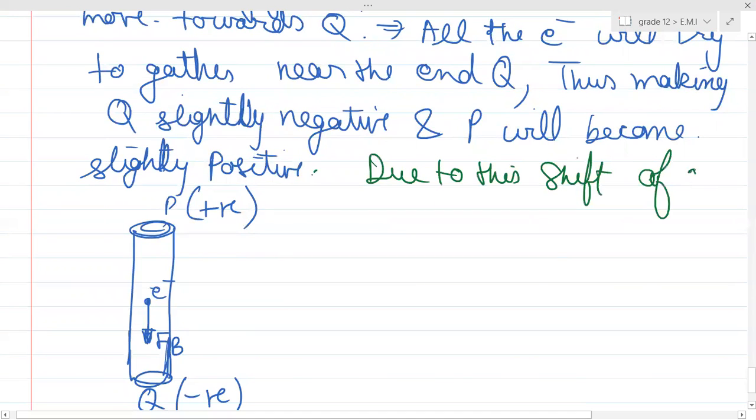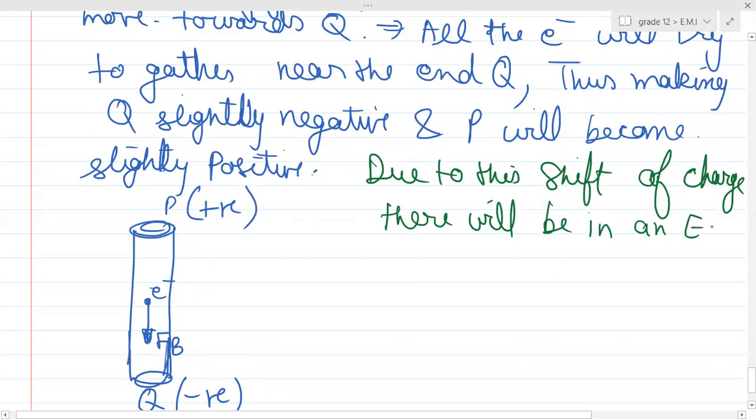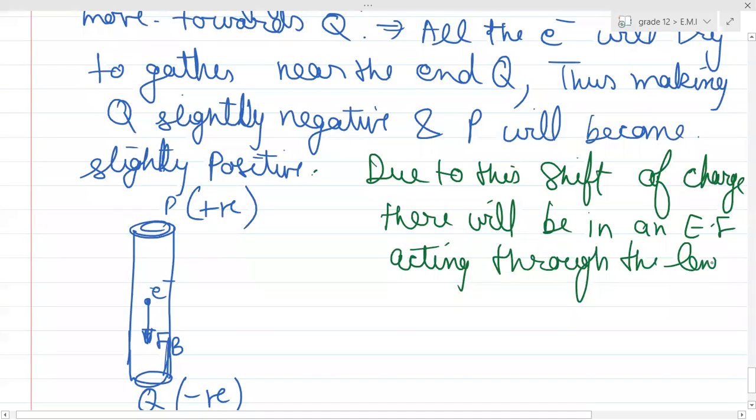Now, due to this shift of charge, there will be an electric field acting through the length of the rod. And what will be the direction of that electric field?